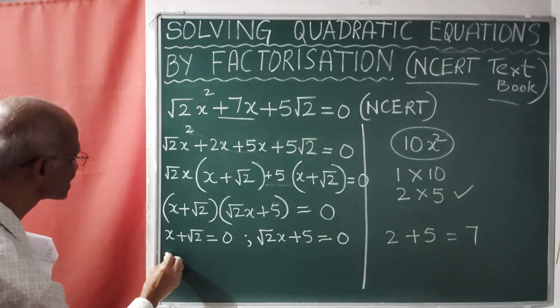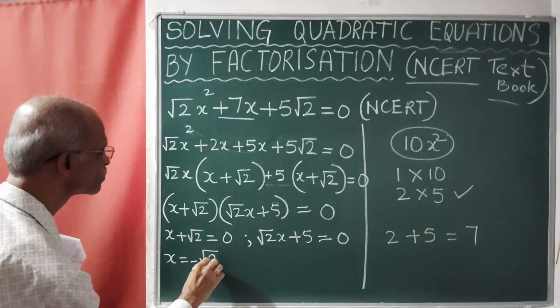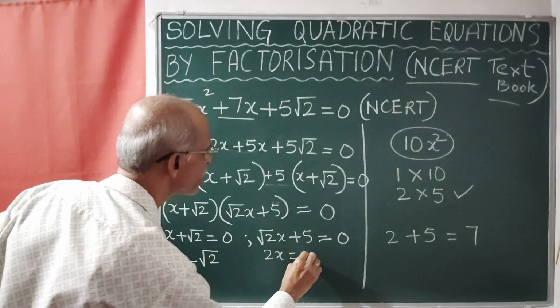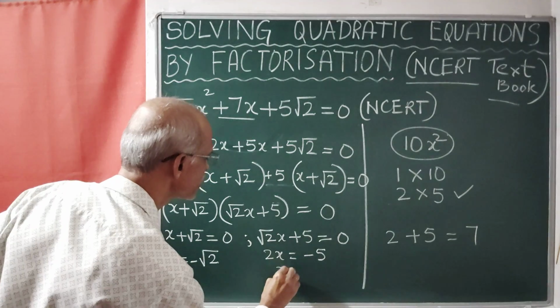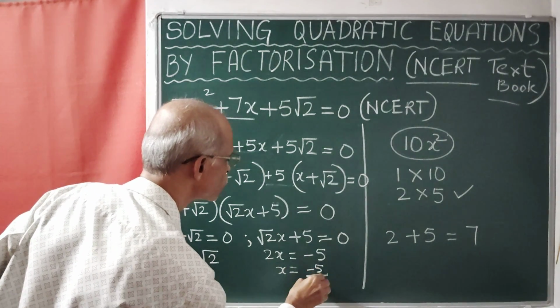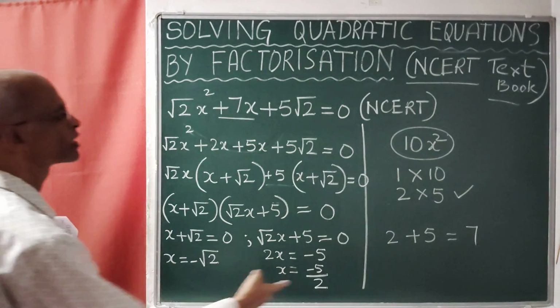So now if I solve for x, x will be equal to minus root 2. Here root 2x is equal to minus 5, so x will be equal to minus 5 by root 2. So we have got two roots here.